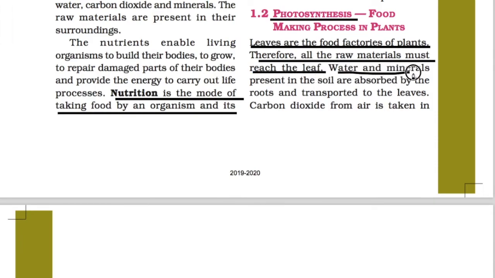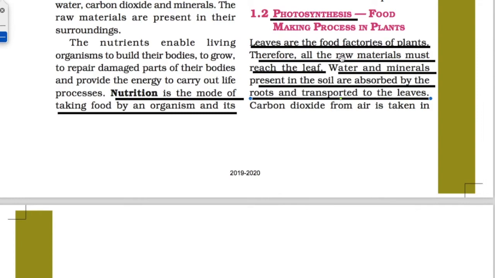Water and minerals present in the soil are absorbed by the roots and transported to the leaves. What is meant by transported? Moving from one place to another place.